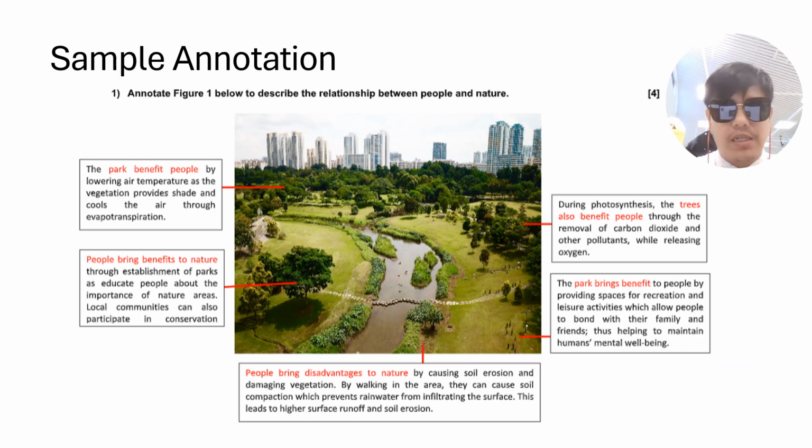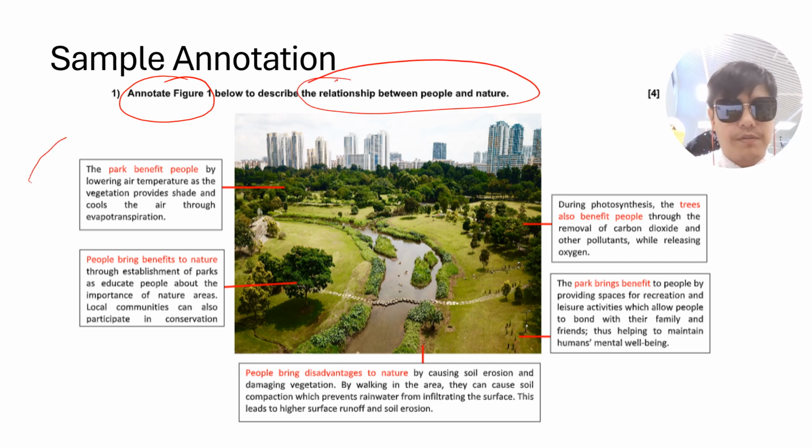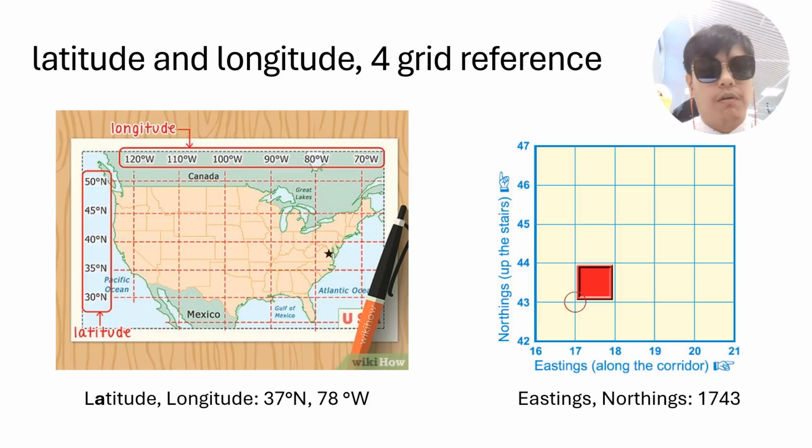So you can see in the next example over here, a 4 marks question. You're asked to annotate figure 1 to describe the relationship between people and nature. So you describe and then you try to explain, right? Describe and explain. Of course, you can do more.